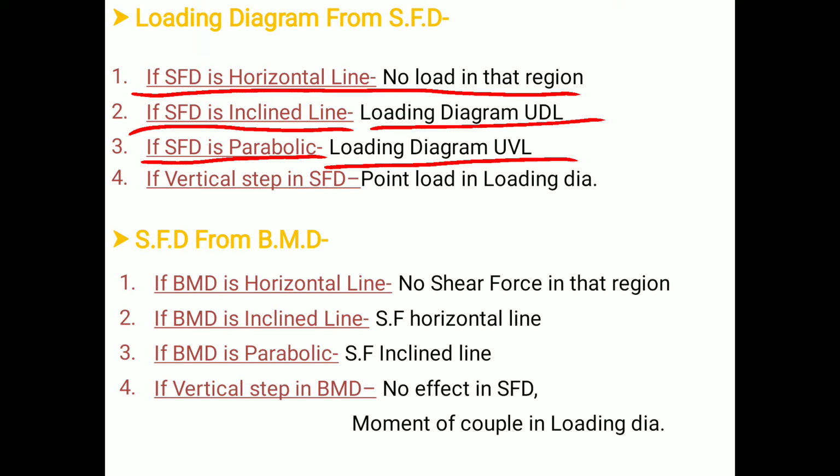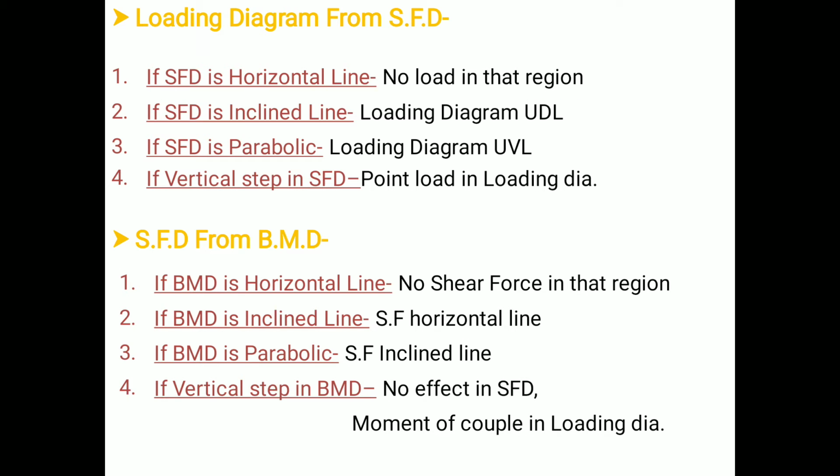So in case of loading diagram, you will observe the uniformly varying load acting over those 2 points. And if a vertical step is there in shear force diagram, then it indicates that either a support reaction is there or a point load is acting at that point. So this is the rule to draw loading diagram from the shear force diagram.